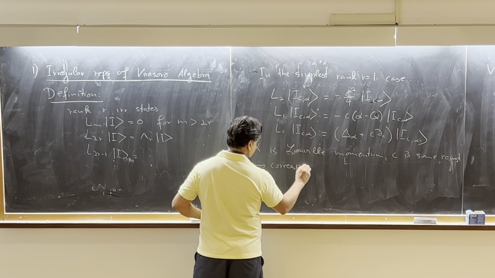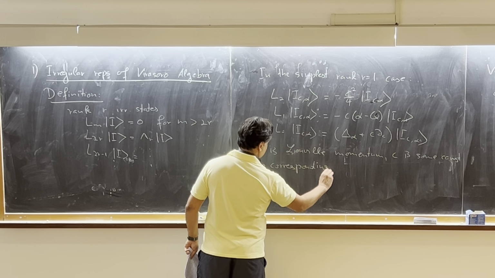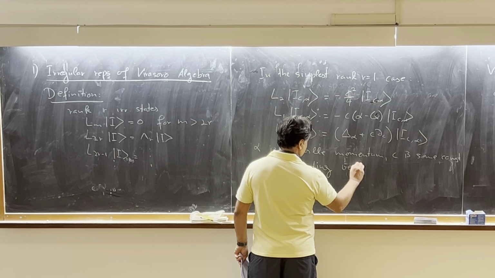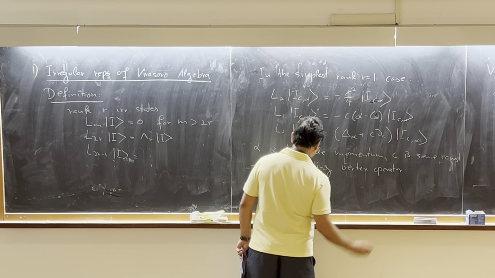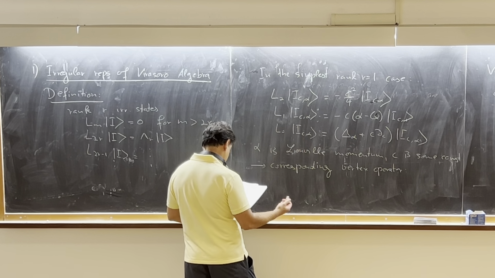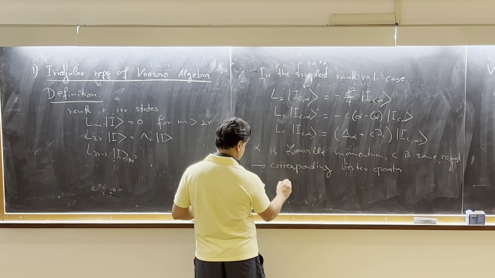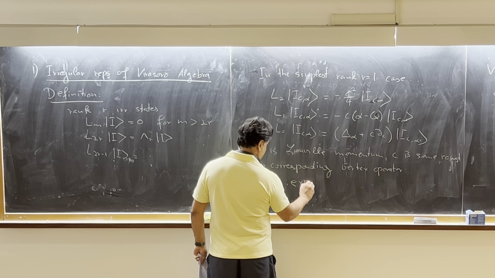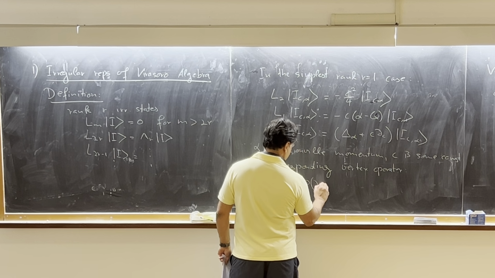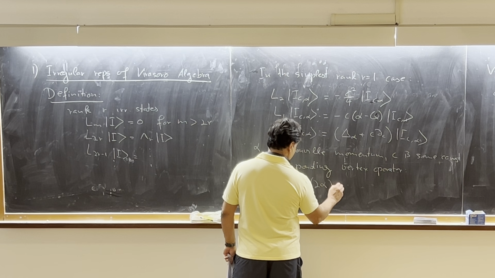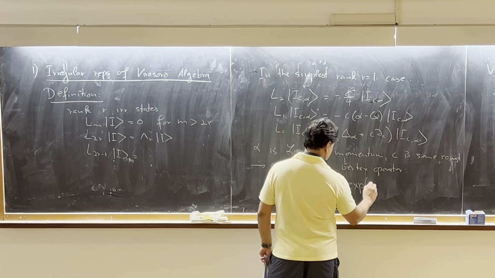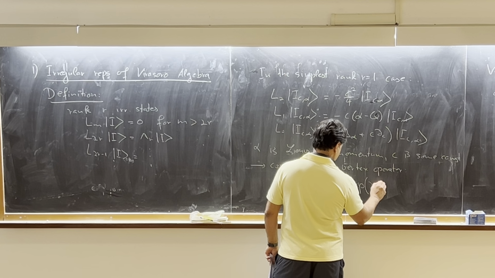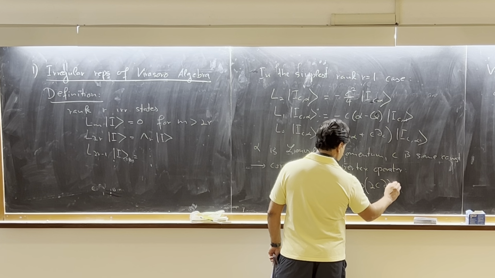So the corresponding vertex operator here would be this: we have e to the 2 alpha chi times the exponential of 2 c del chi.